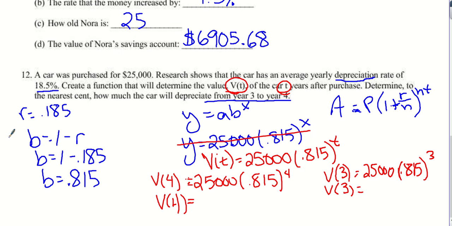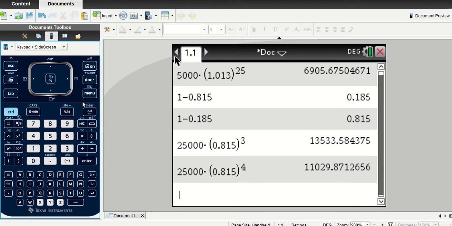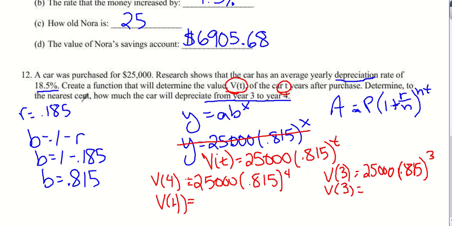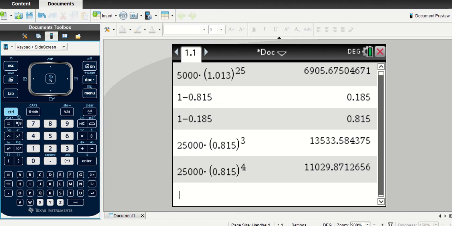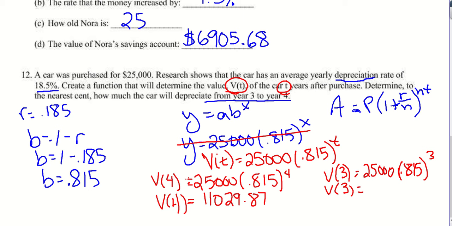Now, this says the nearest cent, so we never round early. $11,029.87 for 4. And then $13,533.58.